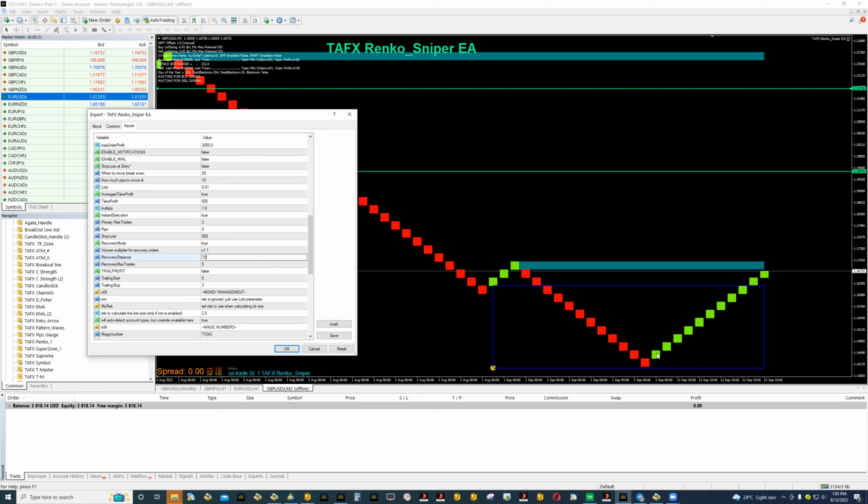Because the Renko gives a perfect entry, and maybe the candles drop before going in the direction of the market, if the candle drops 10 pips, you may want the EA to add 1 position, and that position should be hedged or multiplied with the lot size you're using, with 1.12. You can set 1.12 here so that it continues multiplying to hedge, so that you can get out of the market earlier, even without going there, if the market was trying to go against you.